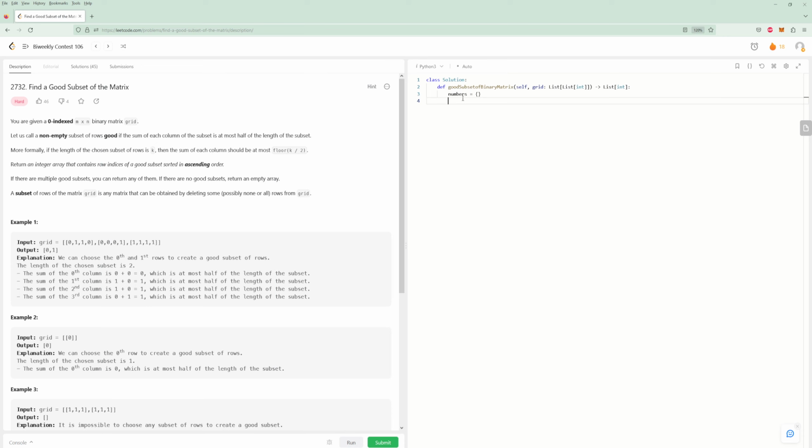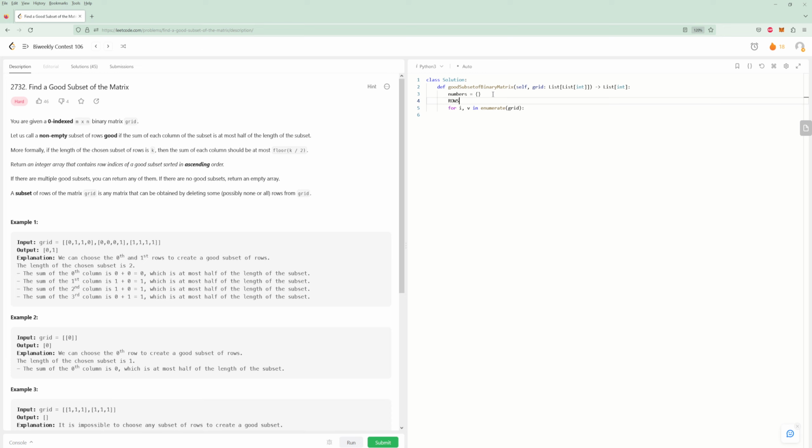Okay. So now we need to do for i, v in enumerate of grid. So the index is going to be the index of the row, and then v is going to be the actual row. Now I probably do want to get the number of columns and rows.